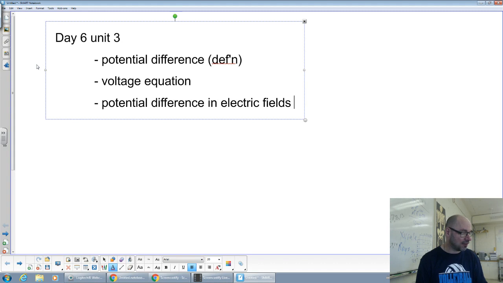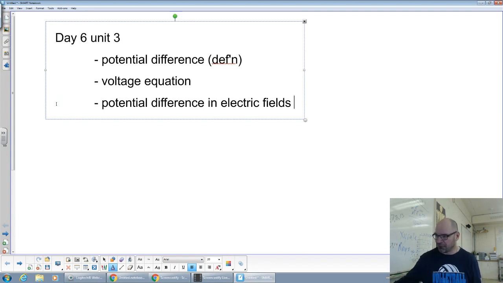So let's get into what we're going to talk about in terms of electropotential difference. So electropotential difference, or voltage as it's mostly called, is basically when you do some work or use some energy on a charge to move the charge through a field against an electric field, which is a force, right? Which is creating forces, or pulling it out of an electric field. So that's kind of what it is.